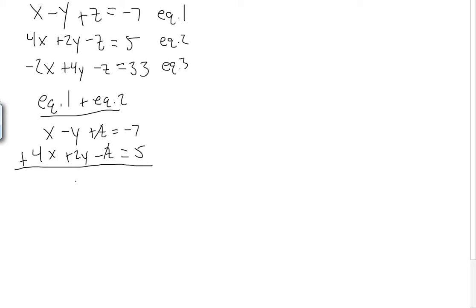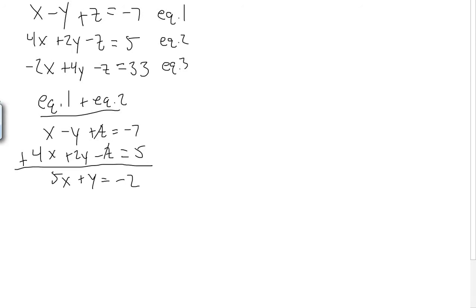Now be very careful. Small mistakes will ruin this entire problem. So just go piece by piece. x plus 4x gives you 5x. -y plus 2y is positive y. And then -7 plus 5 is -2.